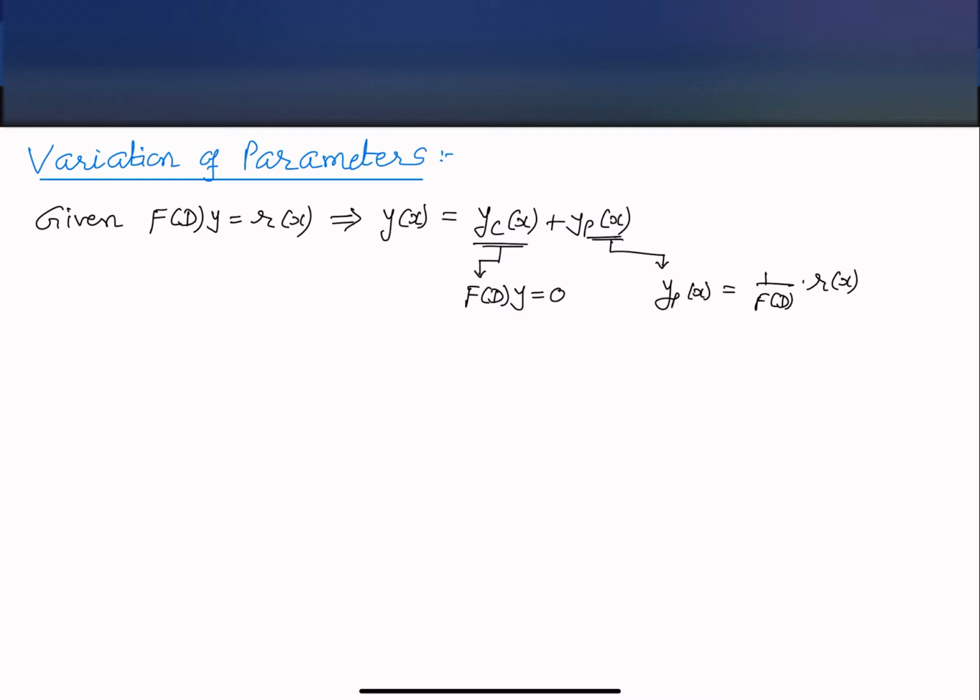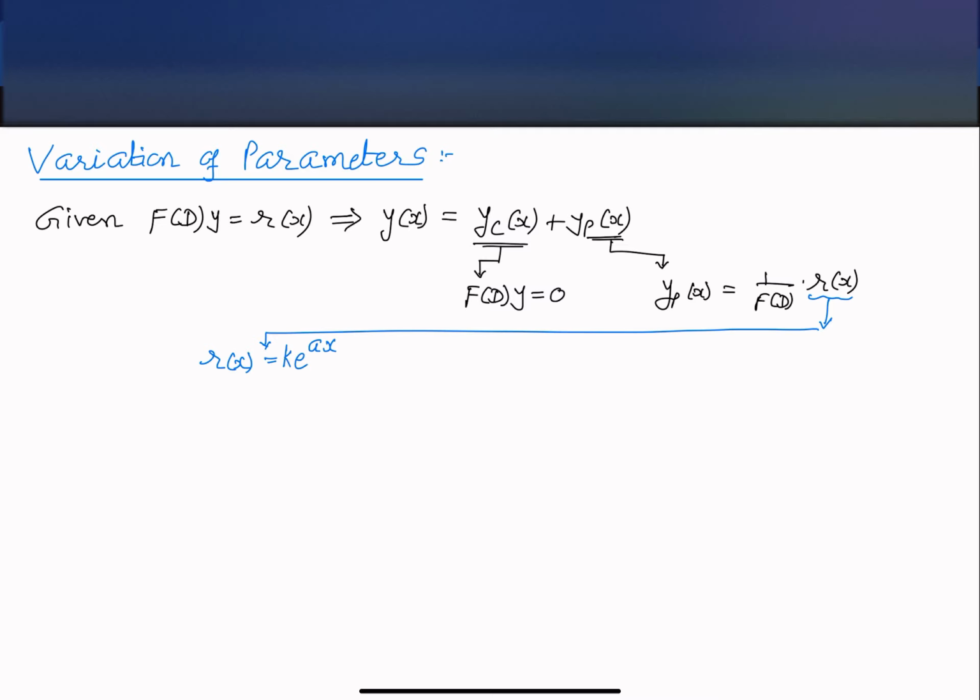And for this particular R(x), we have seen three cases. Suppose R(x) is an exponential function, say e raised to k x, and I can write another constant here also.